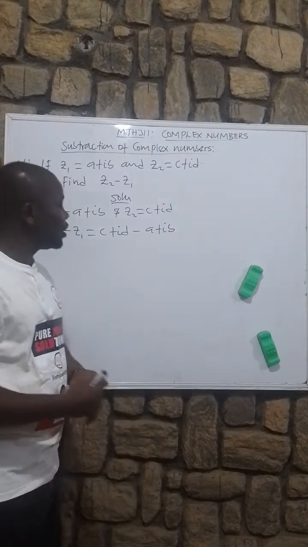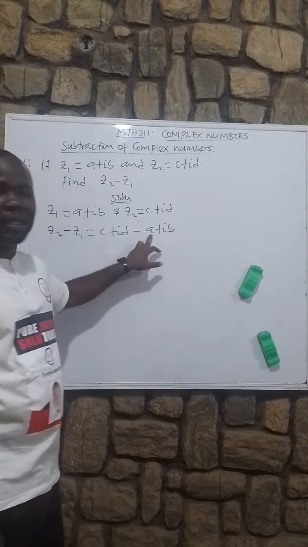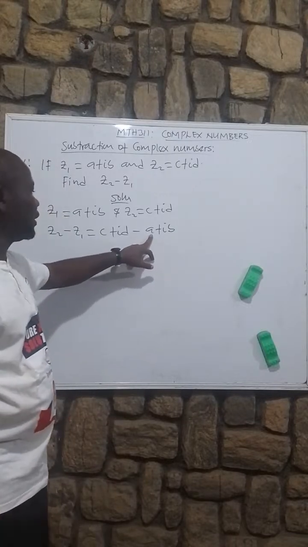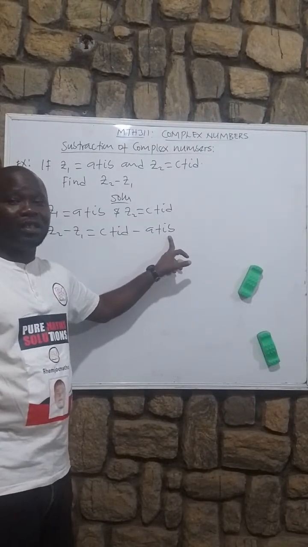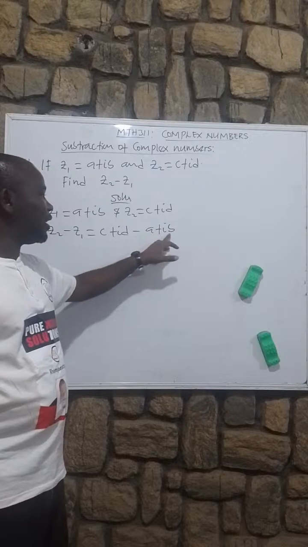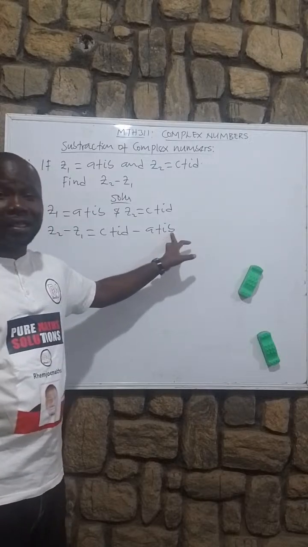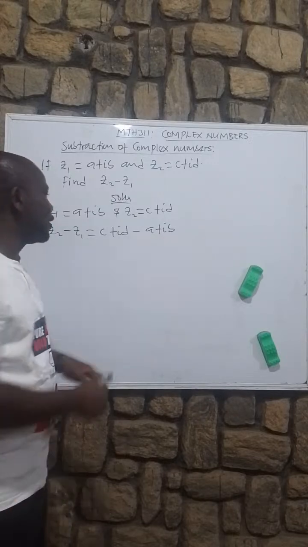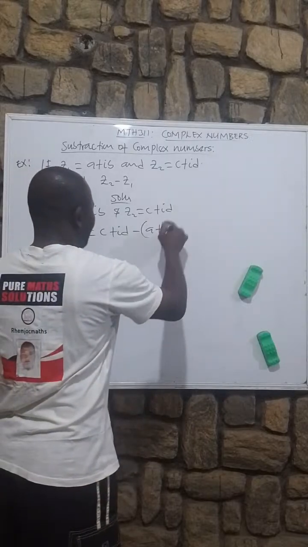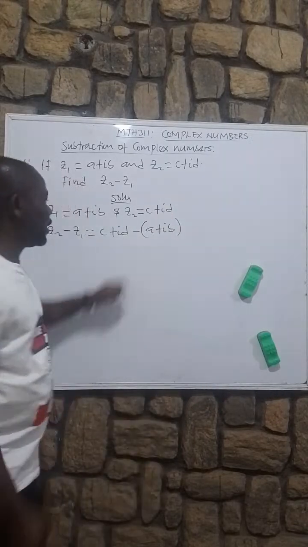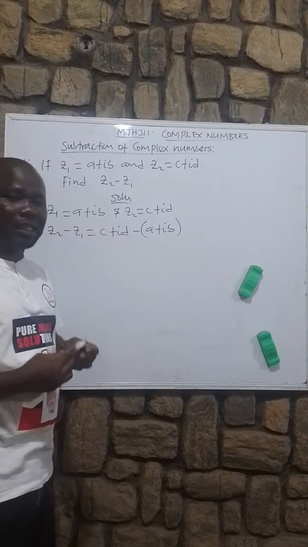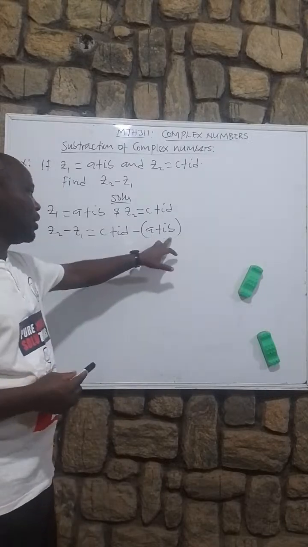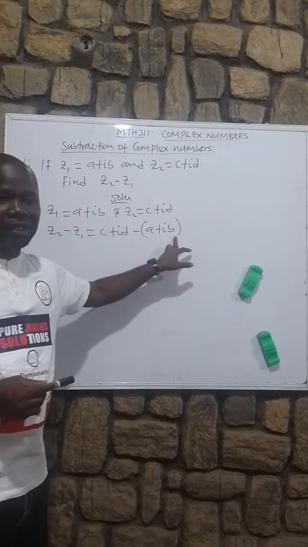It means the bracket will affect only the real parts, and it does not affect the imaginary part. It means your answer might not be correct because of this sign. So you must put the brackets so that this negative sign will affect both the real part and the imaginary part. That is the essence of this bracket.